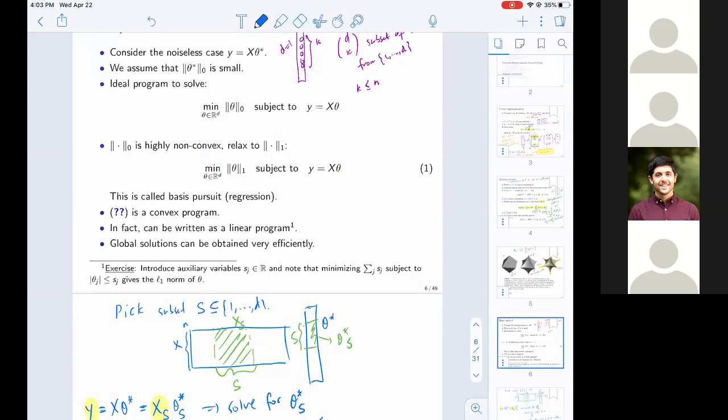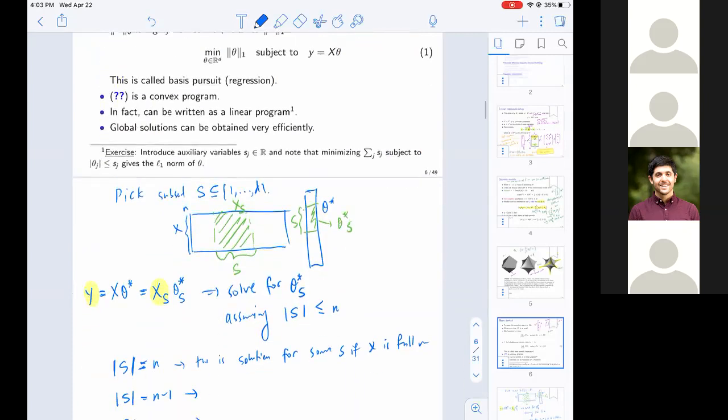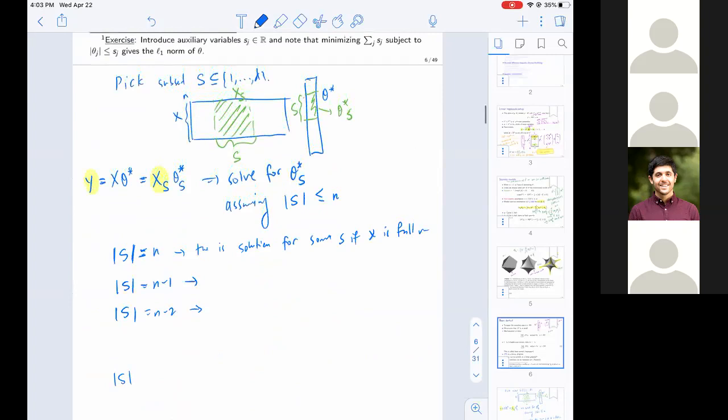In general, for example, if S is equal to 1, y might not be in the direction of any of the columns of X. So there might not be a sparse solution. It might be better to do it this way, actually. Start from a smaller one.